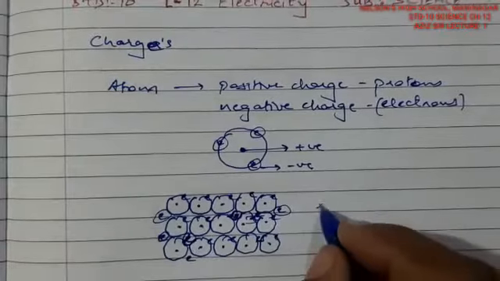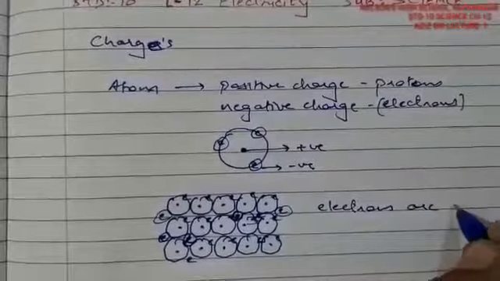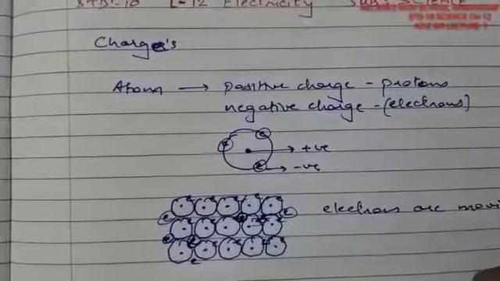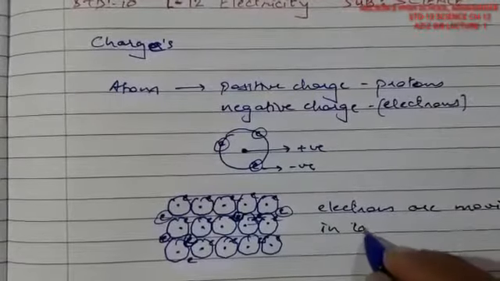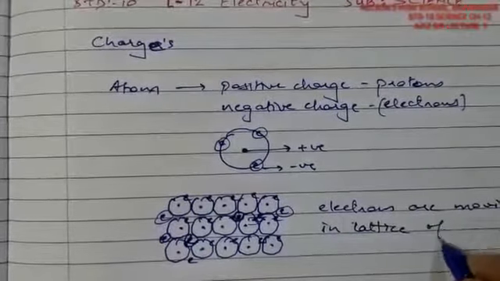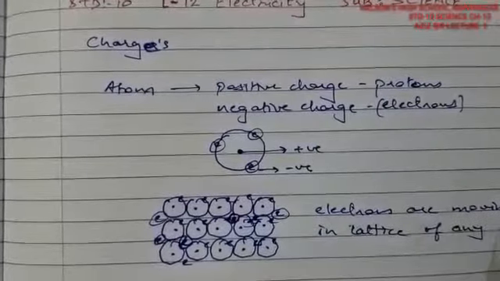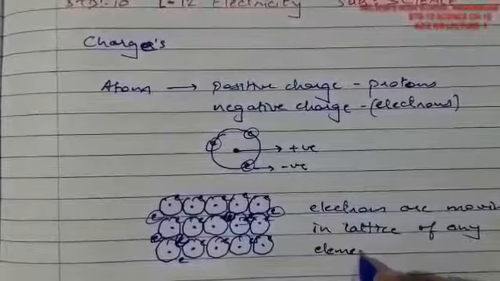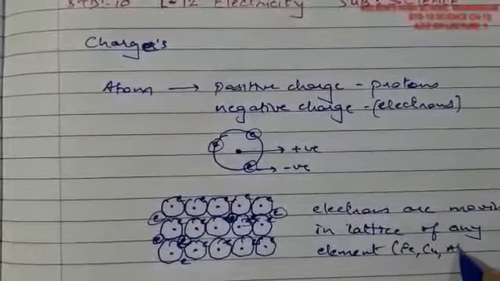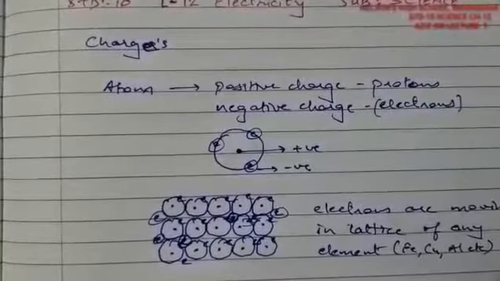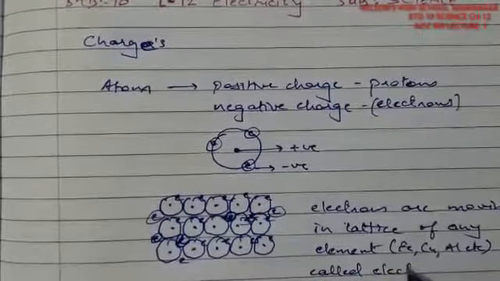The same way, the electrons moving in the lattice of any element like iron, copper, aluminium, etc., is called electric current.